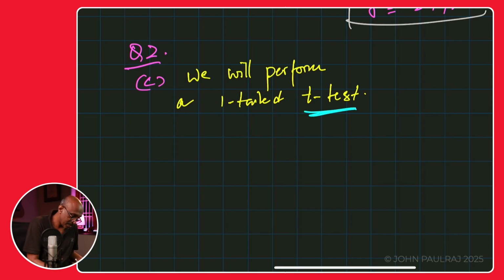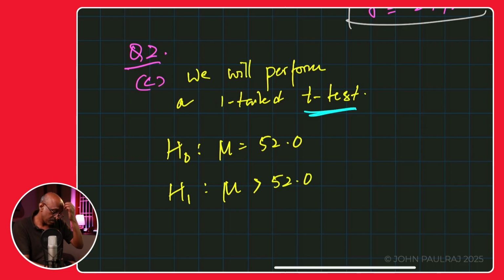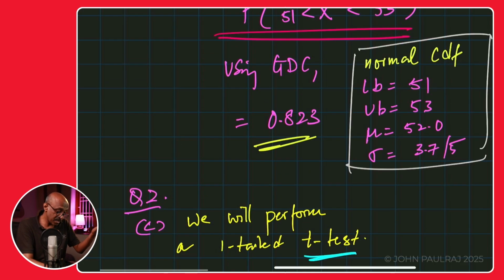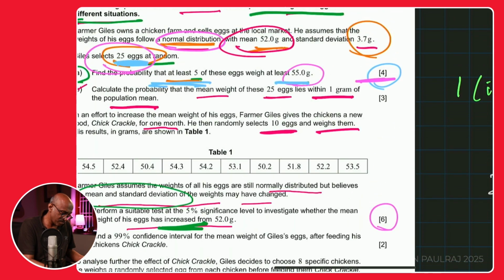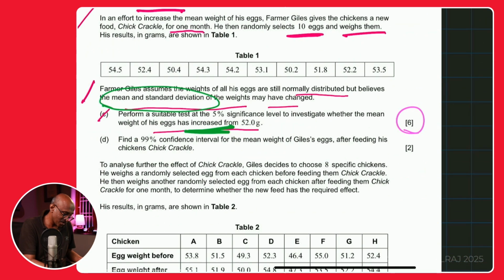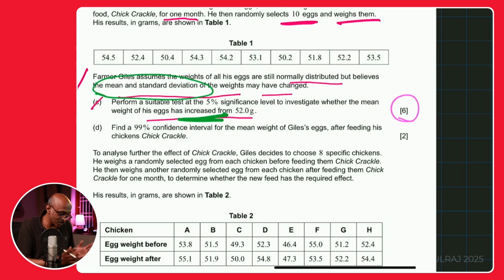So we can write the null hypothesis as mu equals 52.0, and the alternative hypothesis mu is greater than 52.0. That's clear, because the original population mean before the feed was 52. Has it increased? That's what we want to know.